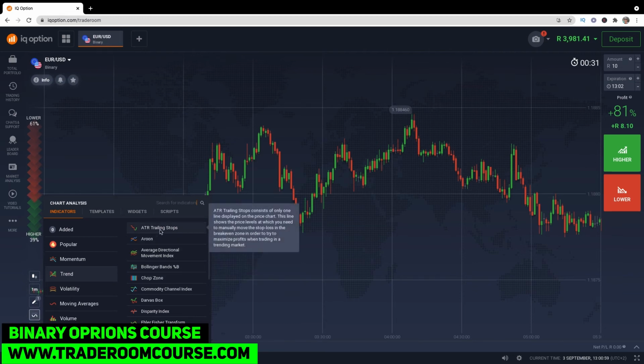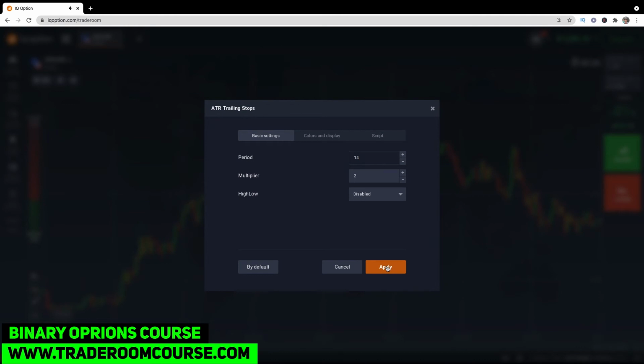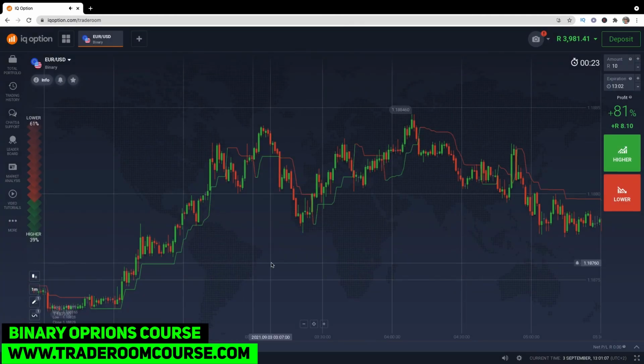The first one I want to talk about is the ATR trailing stops. This indicator in particular is used when trading Forex, and it's an idea of where you should place your stop losses. However, when trading binaries, this is not important, and this can be used in particular for identifying the trend. When we have the green line on the bottom, that means we are in an uptrend.